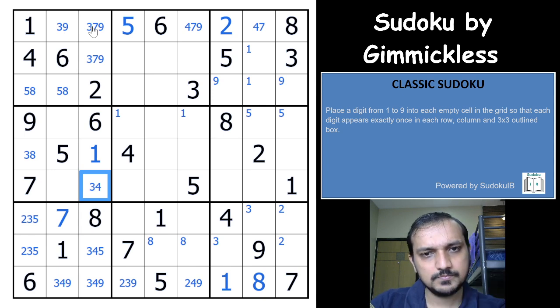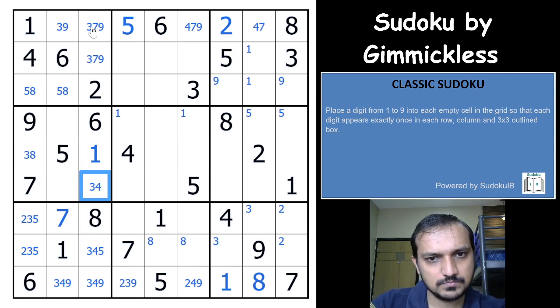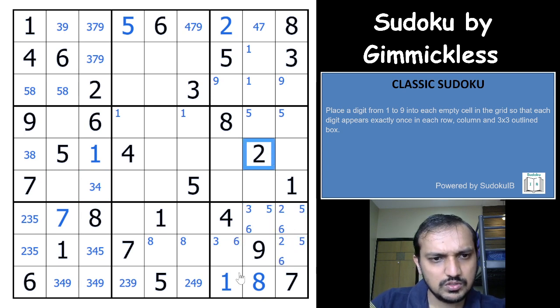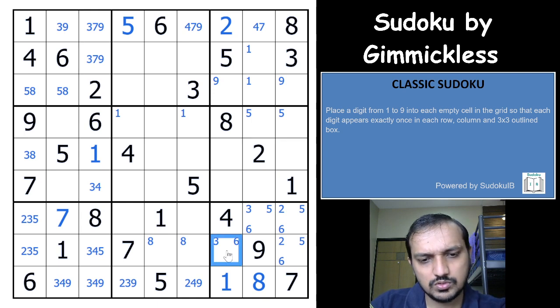So these 3 cells are 5, these all 4 cells are 6, right? 3, 6, 3, 5, 6, 2, 5, 6, and 2, 5, 6.